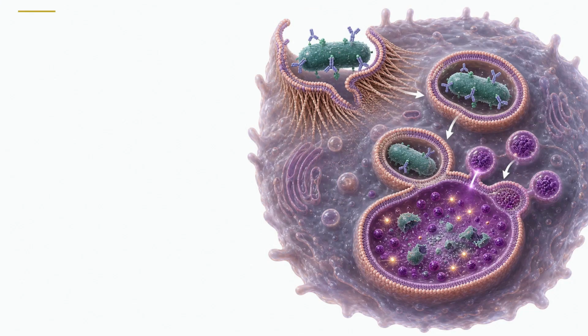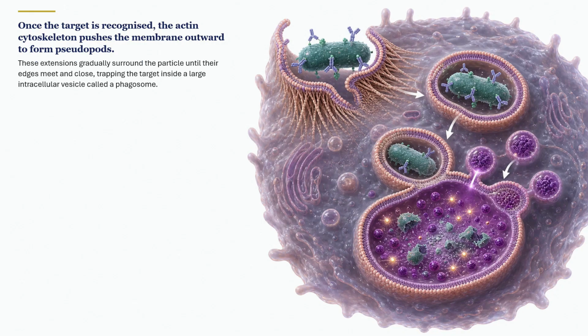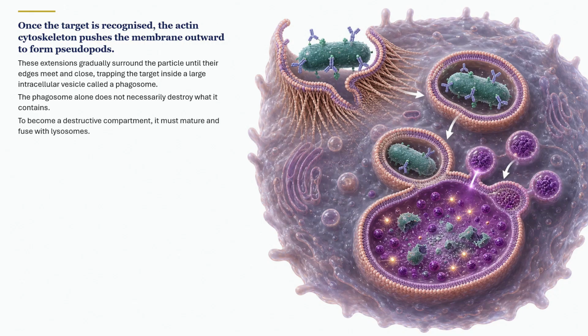Once the target is recognized, the actin cytoskeleton pushes the membrane outward to form pseudopods. These extensions gradually surround the particle until their edges meet and close, trapping the target inside a large intracellular vesicle called a phagosome. The phagosome alone does not necessarily destroy what it contains. To become a destructive compartment, it must mature and fuse with lysosomes.